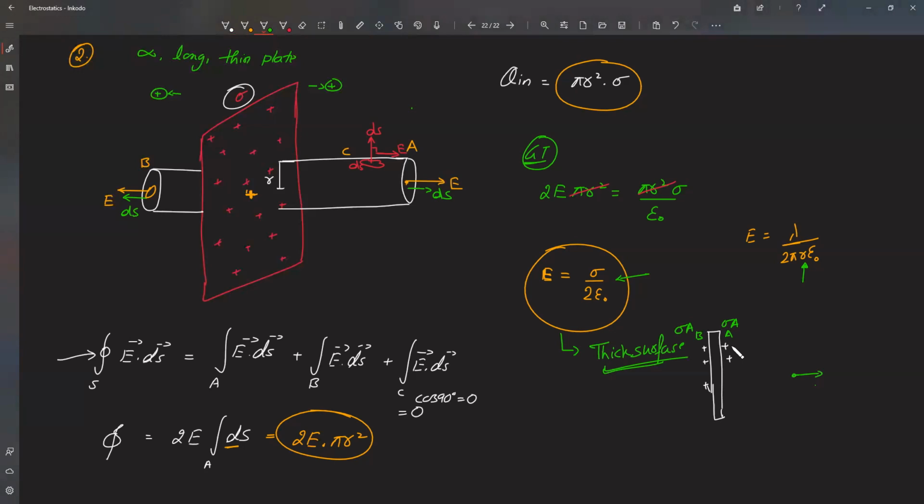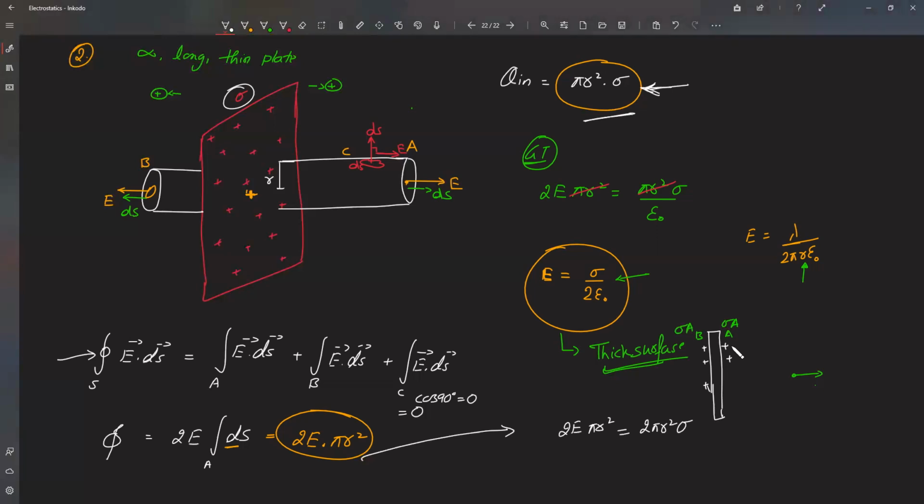So the total charge will be doubled, and that means the above expression will be what? 2E pi r square, which is flux, should be equal to total charge enclosed, which will be twice of the above.